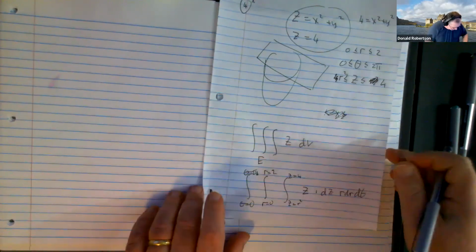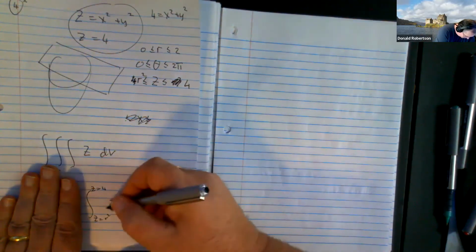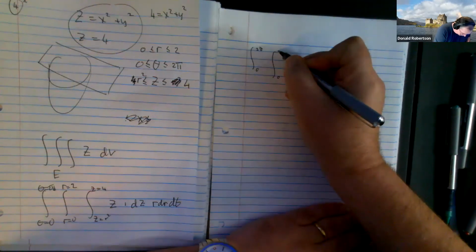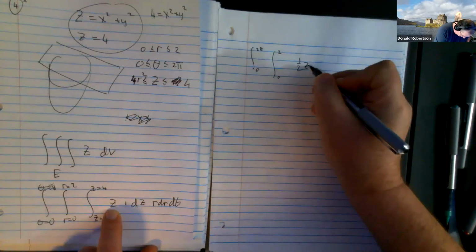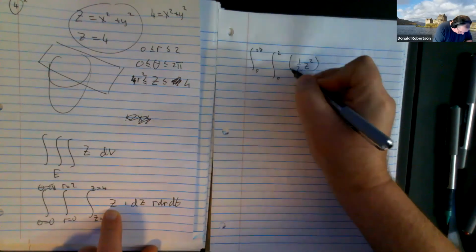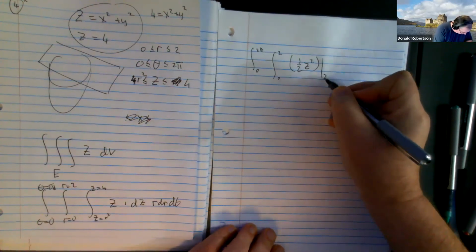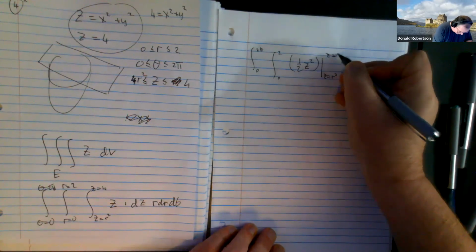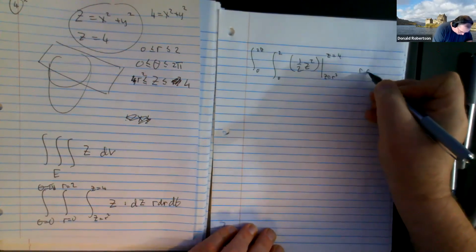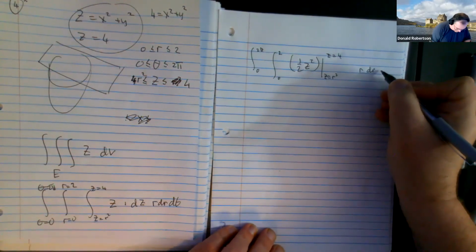Now, do you see in this case, the z is there, but the z's not a problem because isn't it going to disappear in a minute? Because what we're going to be able to do is integrate that, which is a half z squared, evaluated at z equals r squared to z equals 4, and then we'll do the other two variables after that.